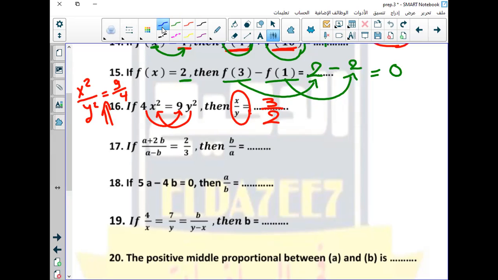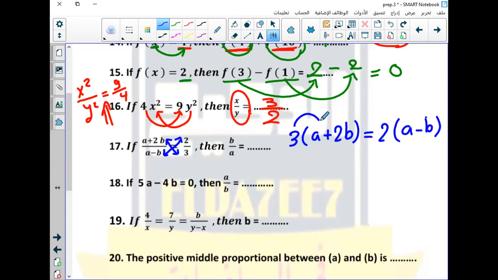Number 17, a plus 2b divided by a minus b equals 2 over 3. Then b over a will be found by taking the cross multiplication. Then 3 times (a plus 2b) equals 2 times (a minus b).